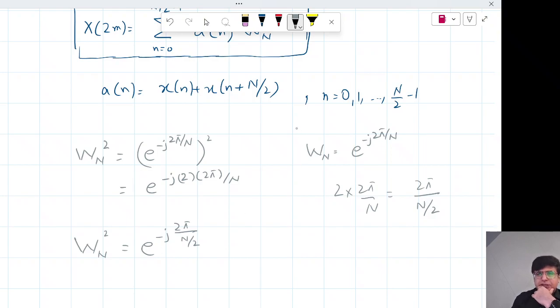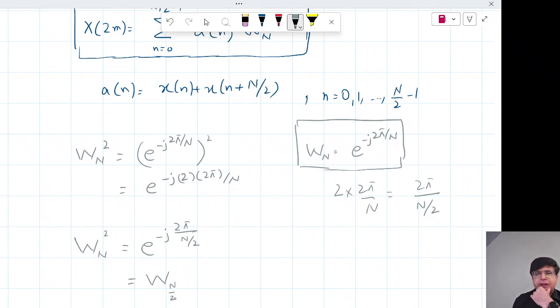Now by definition, W subscript N is e to the power minus j 2 pi over N. So whatever subscript you had here, you bring it over here. So similarly, I can also write this as W subscript N over 2.